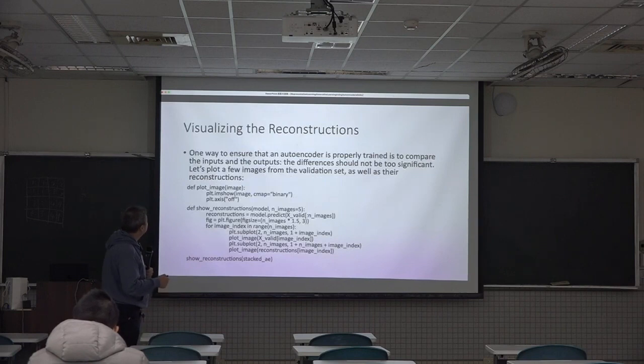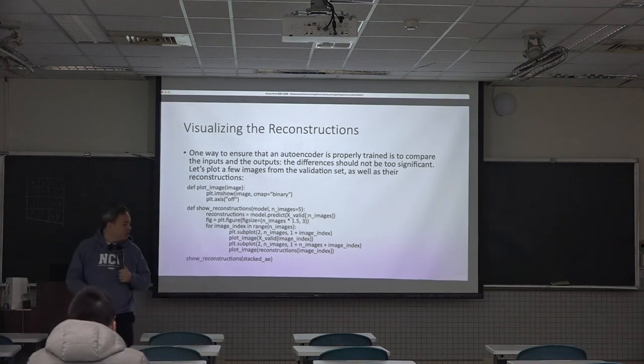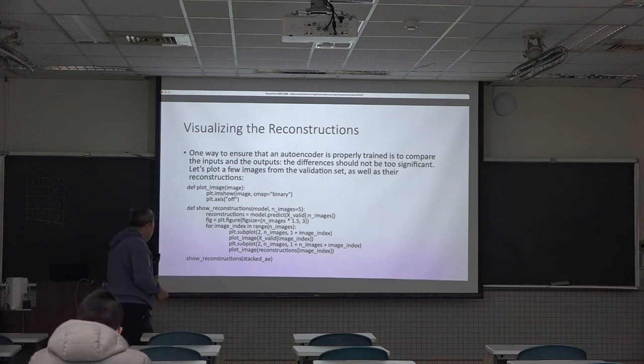So you can visualize the reconstruction of this stacked autoencoder. Here we just plot the image of the original input as well as the reconstructed one, to show how good the reconstruction is using this stacked autoencoder.